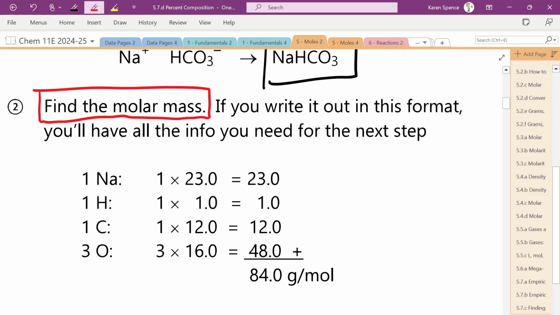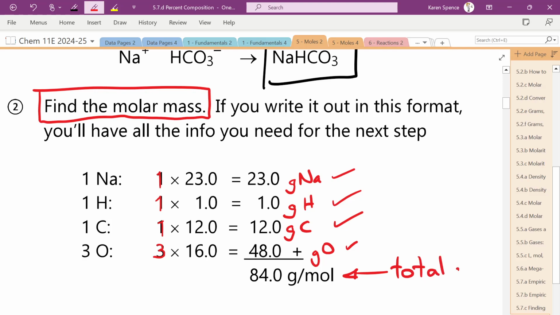So we have 1 sodium, so that gives us 23. We have 1 hydrogen, so that gives us 1. 1 carbon gives us 12. And 3 times 16 gives us 48 grams of oxygen. So now we know the grams of Na, the grams of H, the grams of carbon, and the grams of oxygen, and we also know the total grams.